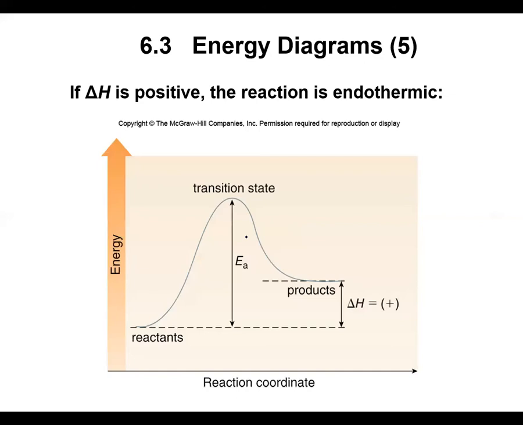Now, this one, if we look at it, is also an energy diagram. We also have our reactants and our products, but this one looks a little different than the other two that we saw previously. The key here is that our reactants are actually lower in energy than our products.